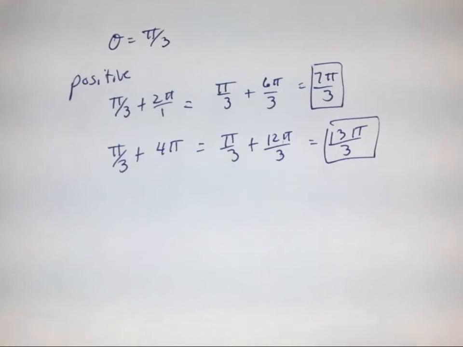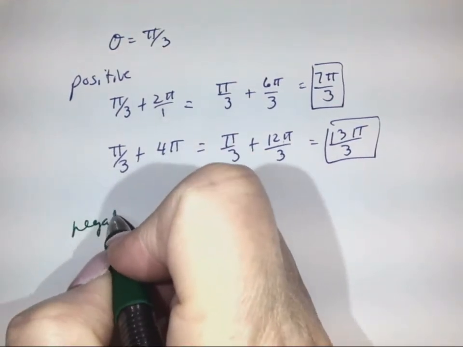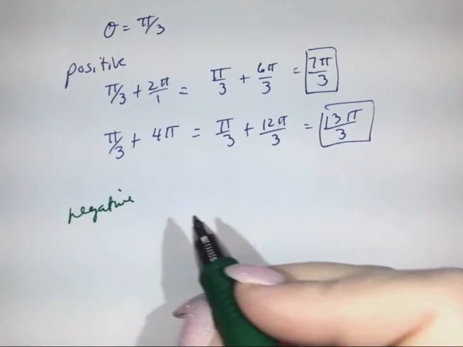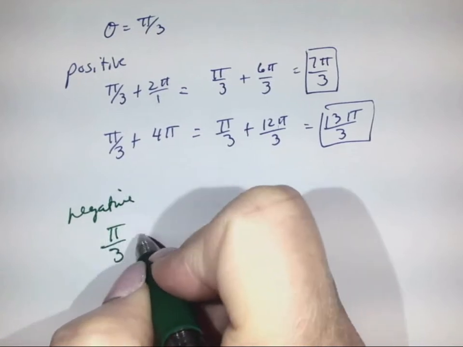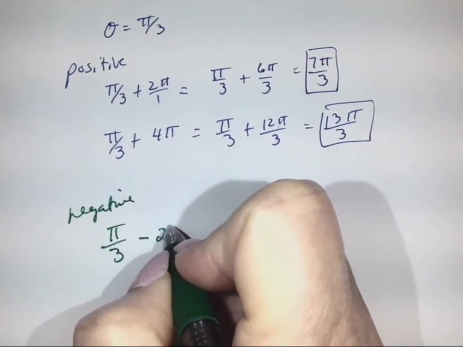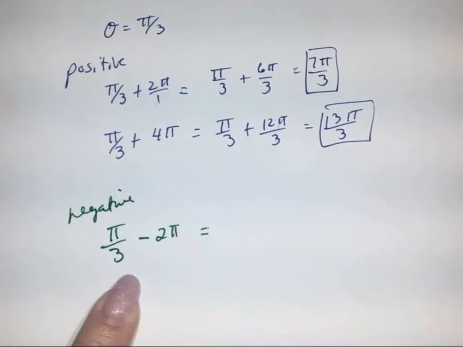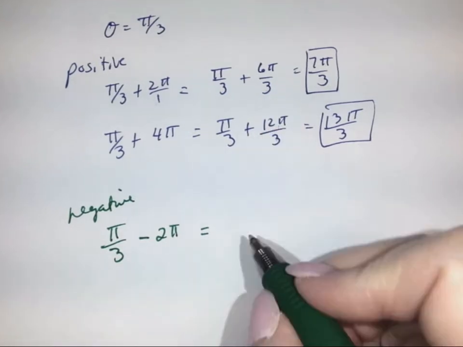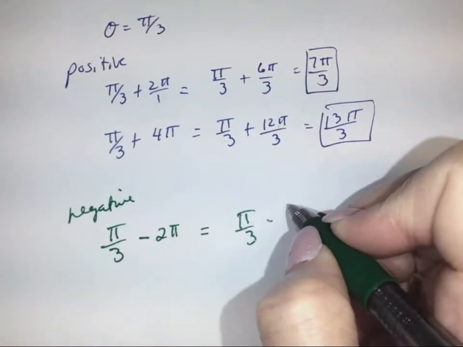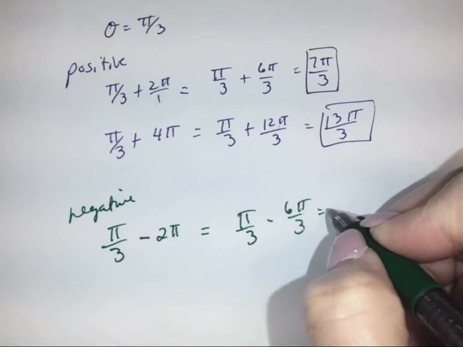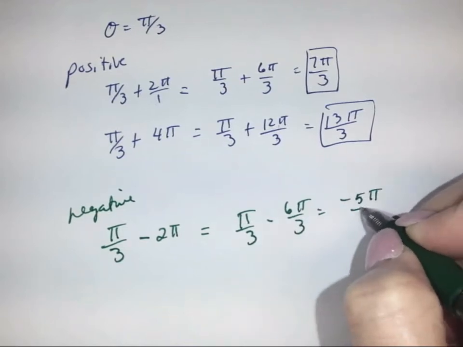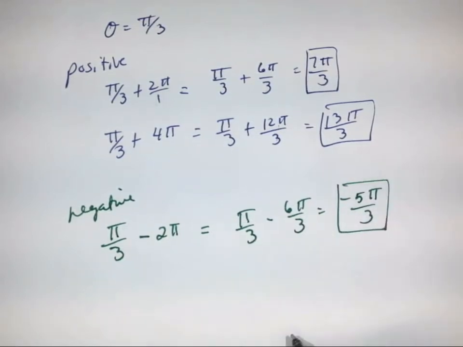Now I want two negative angles. So I'm going to subtract. I have pi over 3 minus 2 pi. It gets easier with the negatives because we already know what it looks like. So this would be pi over 3 minus 6 pi over 3. It'll get us negative 5 pi over 3.